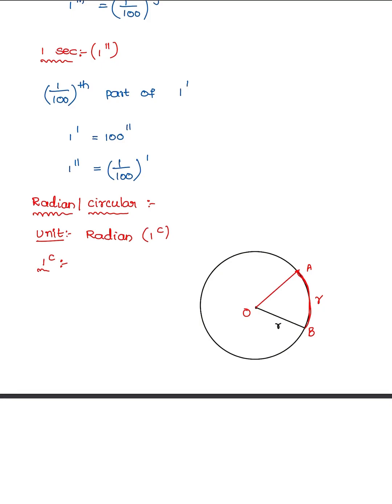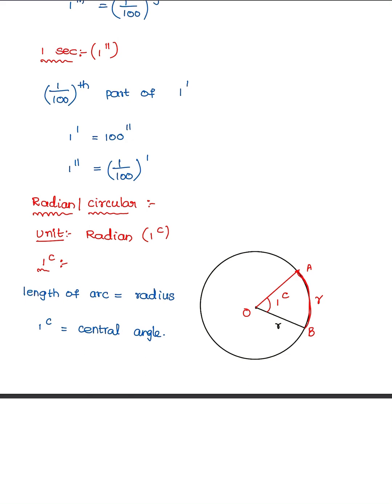In this the central angle is exactly 1 radian. So we need to remember one thing: the radius of the circle is equal to the length of the arc. At that time the central angle is 1 radian. This is 1 radian.